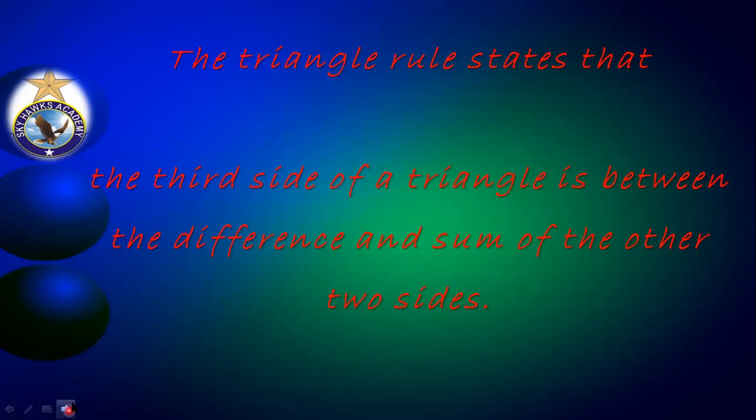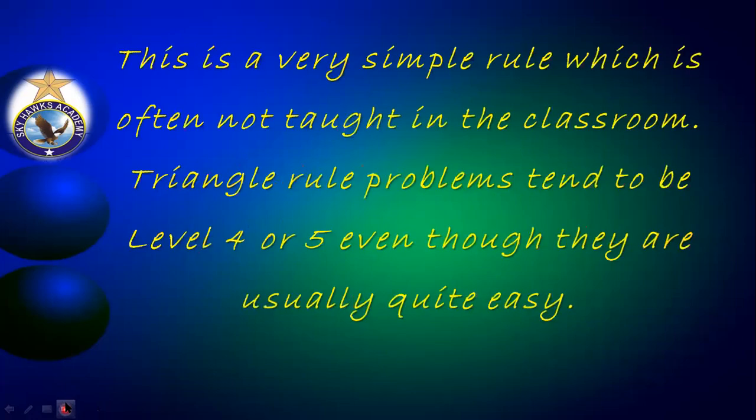Looking at the next slide, please read. This is a very simple rule which is often not taught in the classroom. Triangle rule problems tend to be level 4 or 5, even though they are usually quite easy. These are basically mathematical tricks, and generally we are not talking about these when we are solving the triangle and its sides.